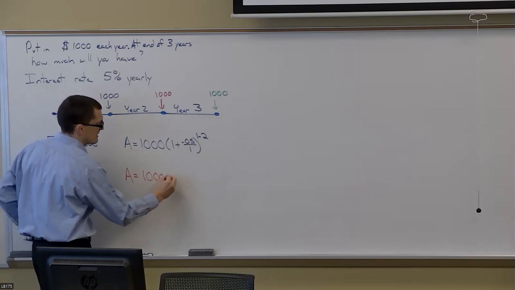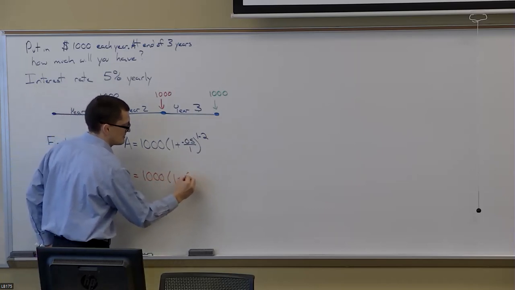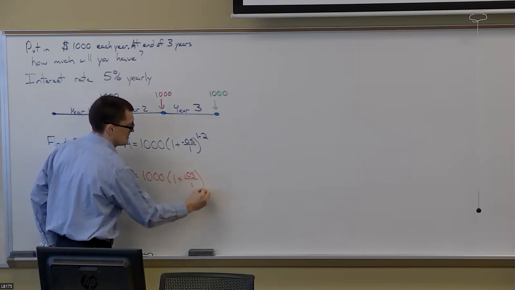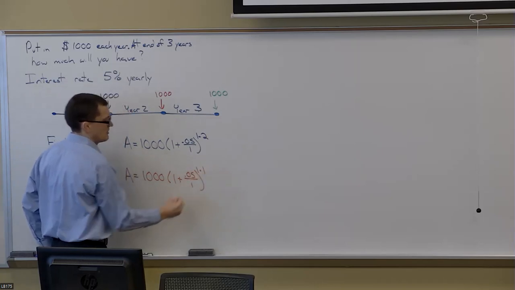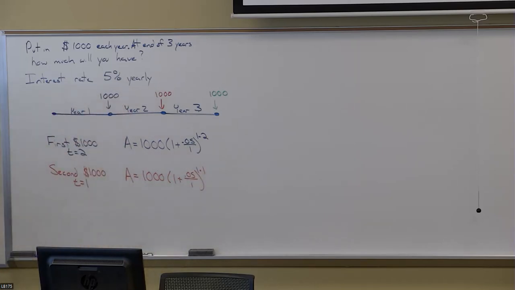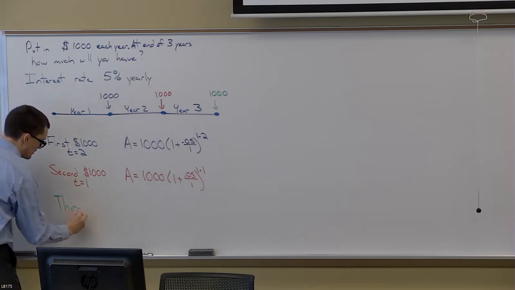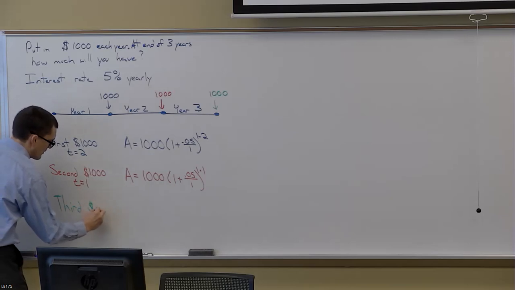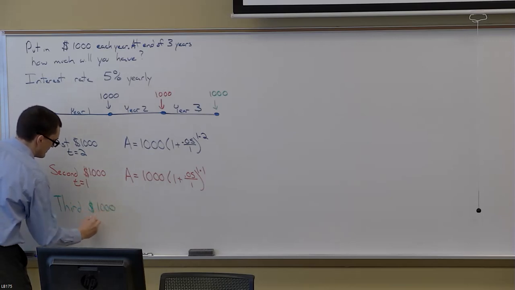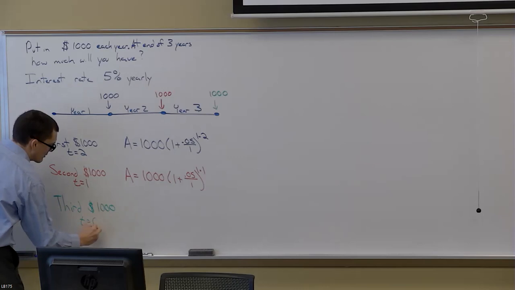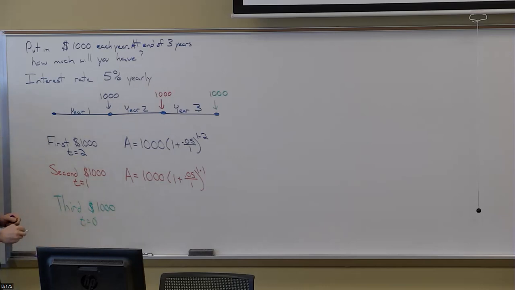So the second $1,000 earns 1 year worth of interest. T is 1. And the third $1,000, I'll calculate these things in just a second, earns 0 years worth of interest.